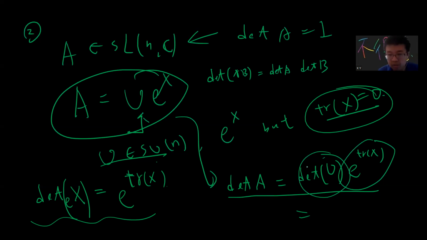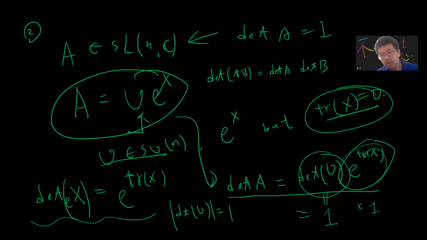So let me just write it out. The determinant of U is a phase, and then this factor must be real. So we must have this one equal to 1, and then this other one must be another 1, which makes trace of X equal to 0, and makes U special unitary.